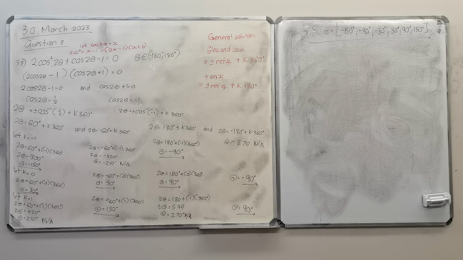Okay. We'll be making on 0 points, basically. So instead of 0 points, we go for this general solution, K times 360.